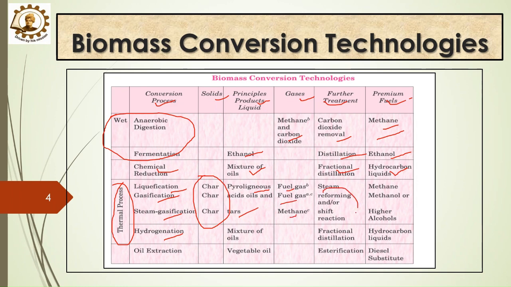We go for steam reforming or shift reaction, and finally we get methane, methanol, or higher order alcohols. And hydrogenation is mixture of oils, and by fractional distillation we get hydrocarbon liquids. Also, there's a process of oil extraction that basically yields vegetable oil, and by esterification we get a diesel substitute. So these are the basic processes that we mainly follow, and of which anaerobic digestion is of greater importance.